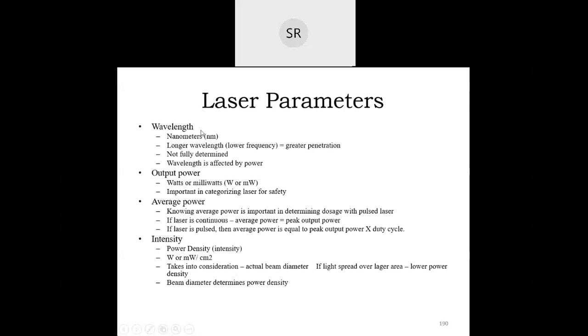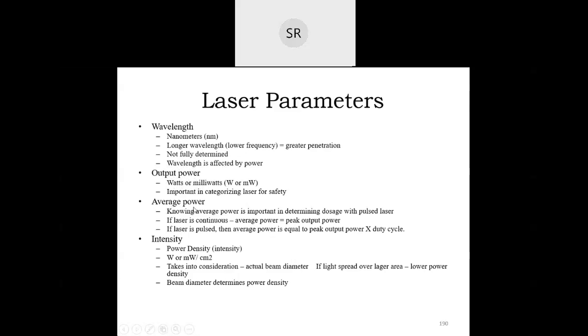Different materials give different wavelengths, and everything is based on the wavelength. When the wavelength changes, the power is affected. As per the requirement, we use the device to generate a high or low output power.